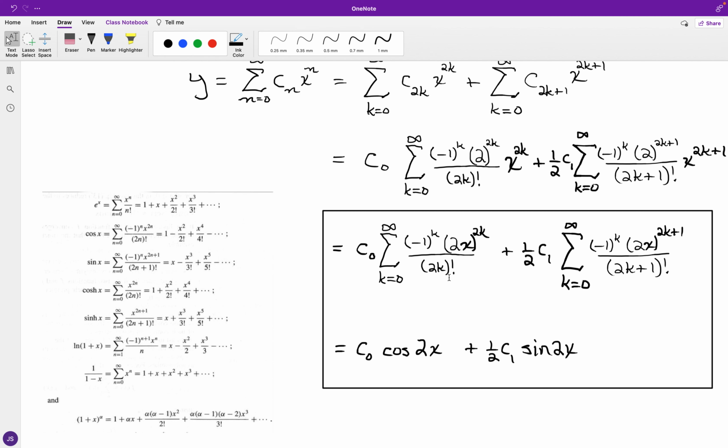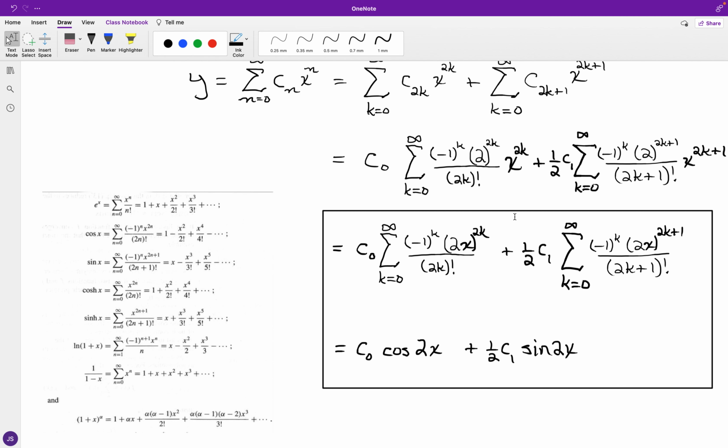We have the factorial of 2k, and so this is going to translate to c naught times the cosine of 2x, and we have 1/2 of c sub 1, and we have (-1)^k parallel to (-1)^n. 2x raised to the 2k plus 1 is represented by 2x raised to the 2k plus 1.